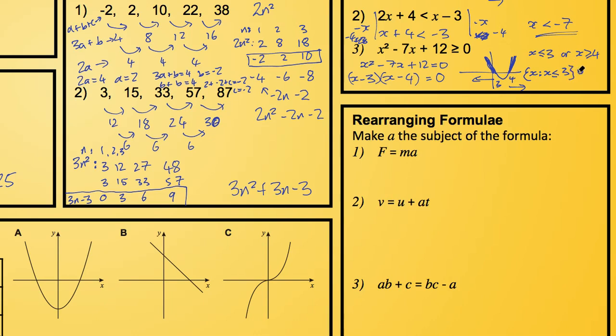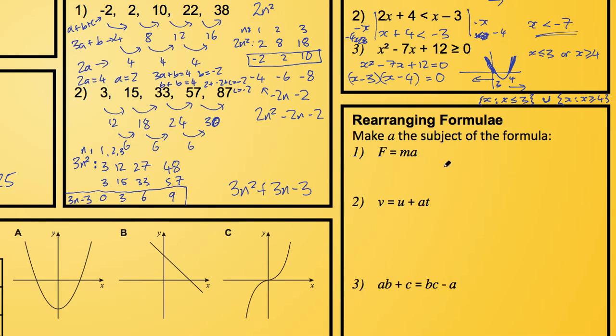Or, so U for union, or x where x is greater than or equal to 4. Haven't shown that very well. A bit more space. Here's what it looks like: x where x is less than or equal to 3, or x where x is greater than or equal to 4.